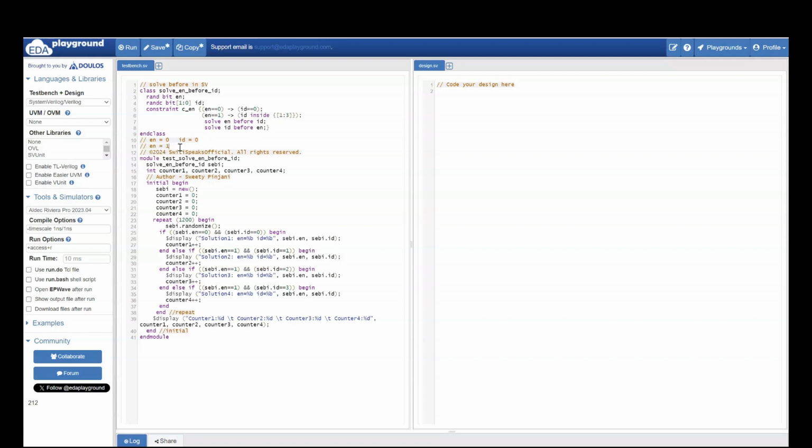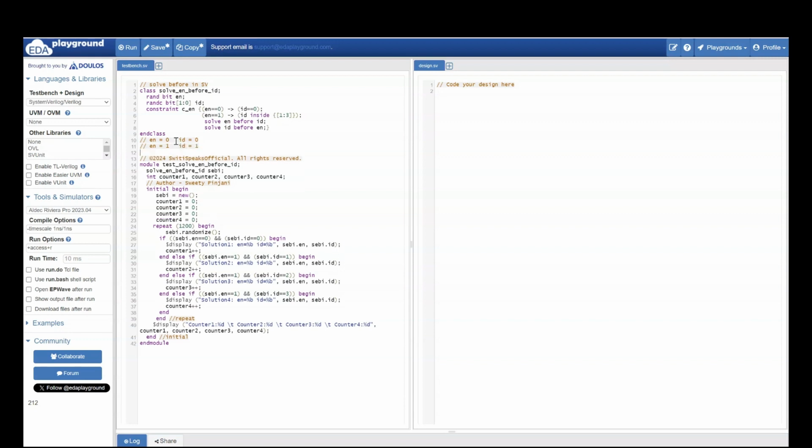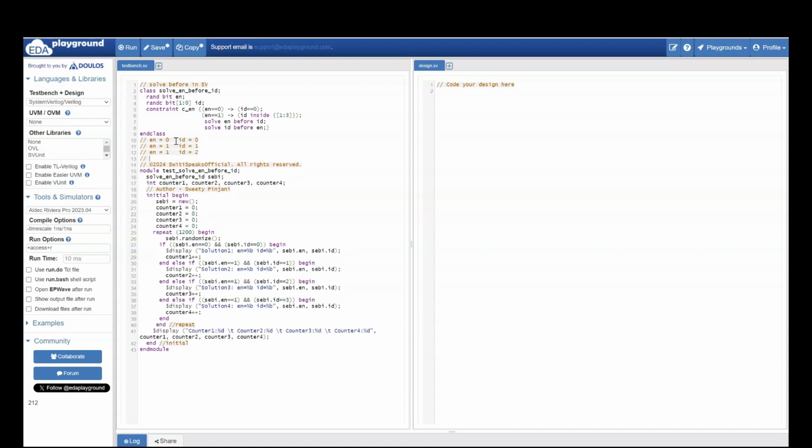Which means enable equal to 1, id equal to 1 is the first probability. Enable equal to 1, id equal to 2 is the second probability, and enable equal to 1 and id equal to 3 is the third probability. These are three different solutions for your randomization.